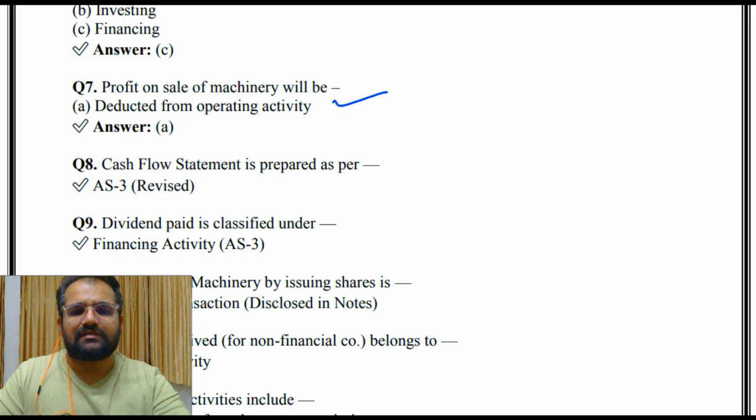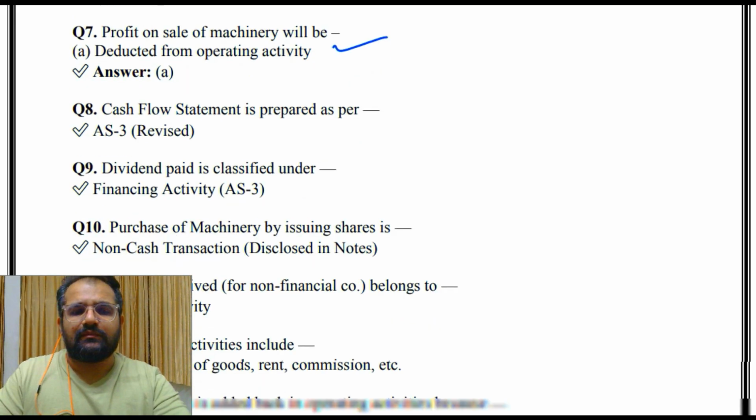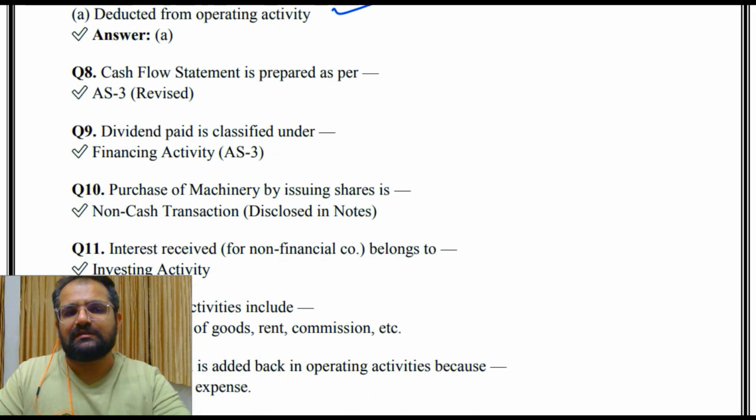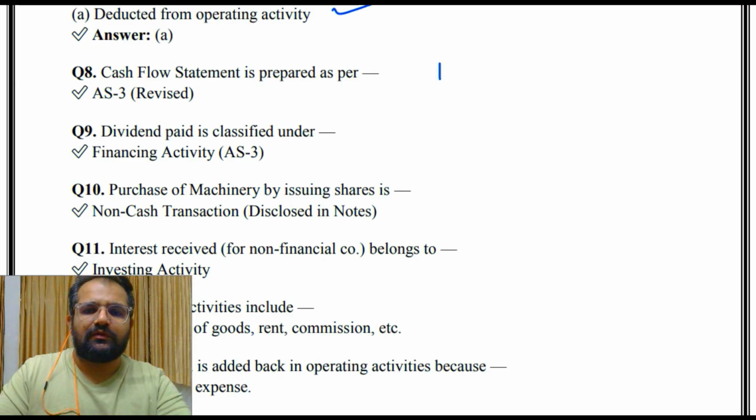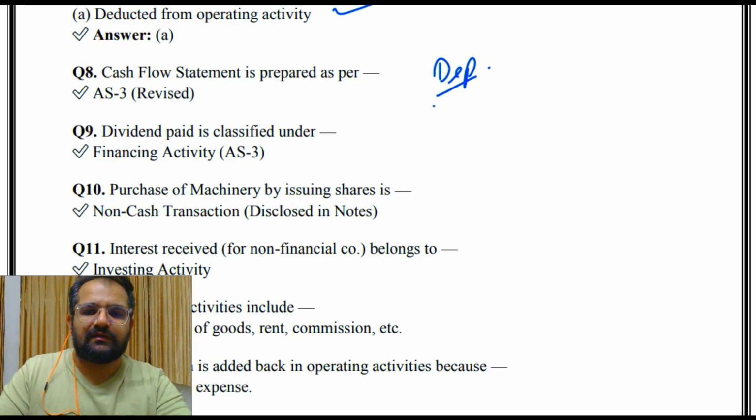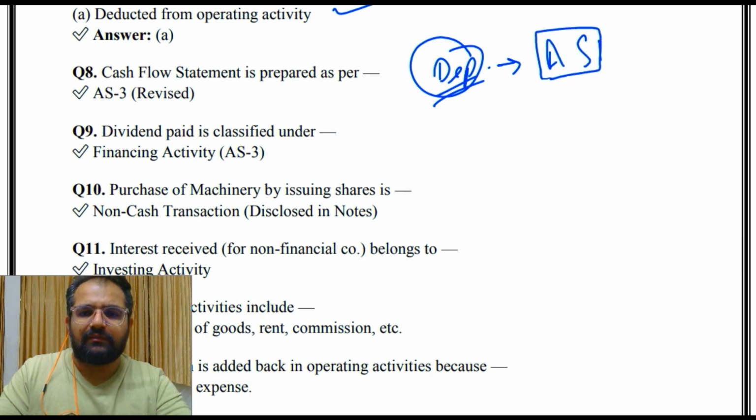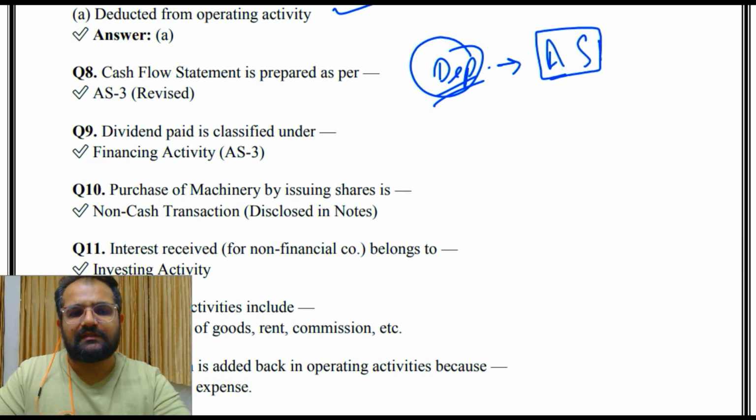Then cash flow statement is prepared as per AS3. हमने देखा अभी 4-5 times. Accounting standard 3 deals with cash flow statement. You tell me depreciation के बारे में किसमें आता है? ठीक है, depreciation के बारे में हमने पूरा एक चैप्टर किया, कौन से अकाउंटिंग स्टैंडर्ड में आता है depreciation. Then dividend paid is classified under financing activity, AS3.